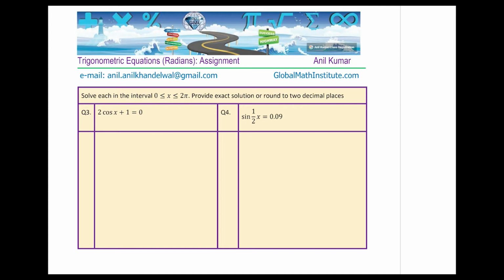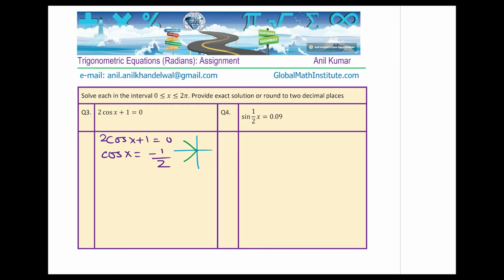Question number 3 is 2 cos x plus 1 equals 0. So cos x is equal to minus 1 divided by 2. Now we have a negative value for cosine. So the solution should be in which quadrant? Well, the solution should be in quadrant 2 and 3, right?